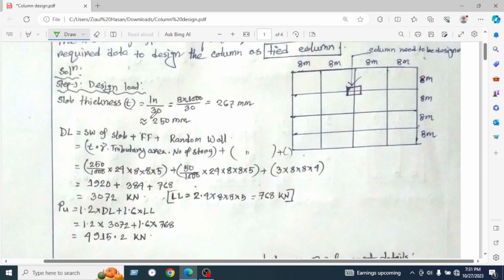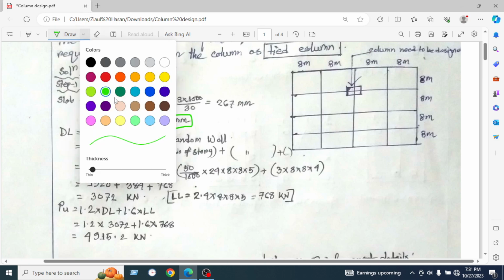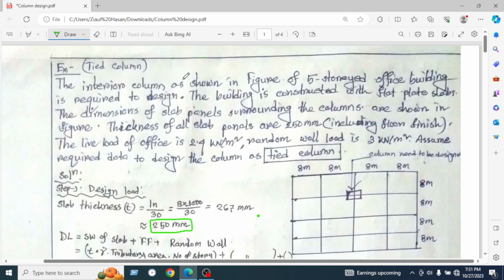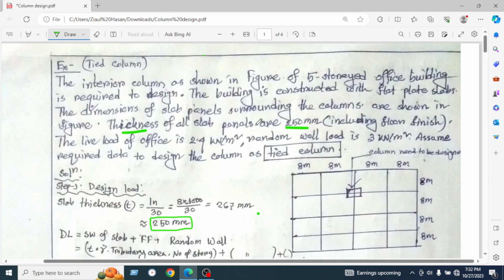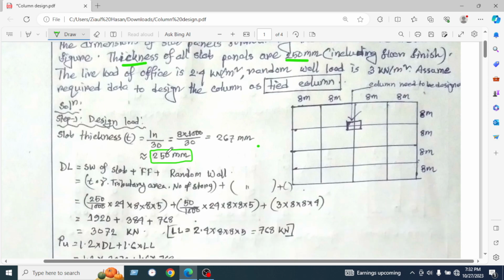Okay, so we will get the slab thickness of 250 millimeter. Even though the question gives the slab thickness as 250 millimeter, we have calculated it here.